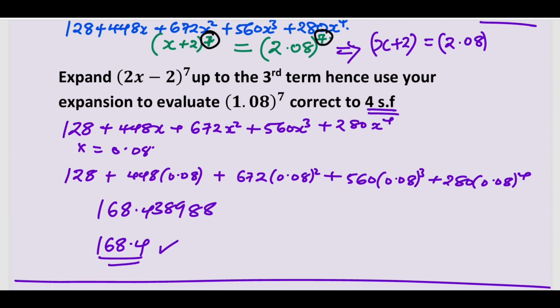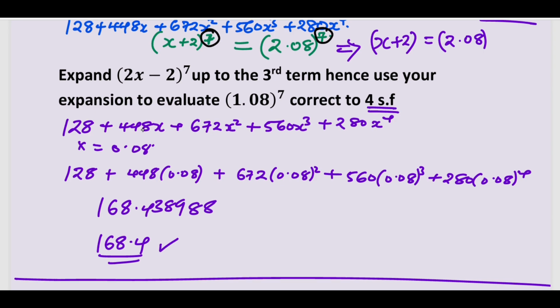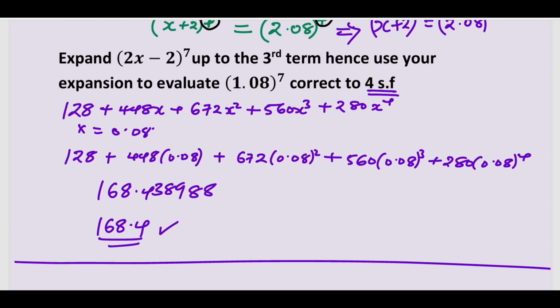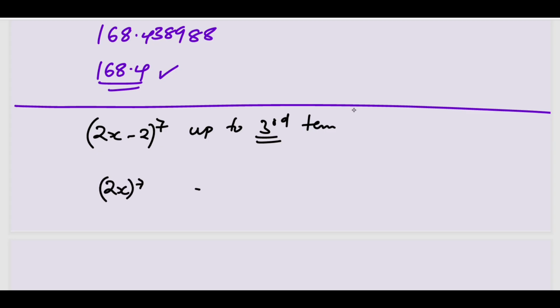The next example is to expand (2x - 2)^7 up to the third term. So in this case, whether you expand in increasing powers of x or decreasing powers of x, it is going to give you the same thing. We start with (2x)^7, (2x)^6, and then (2x)^5.